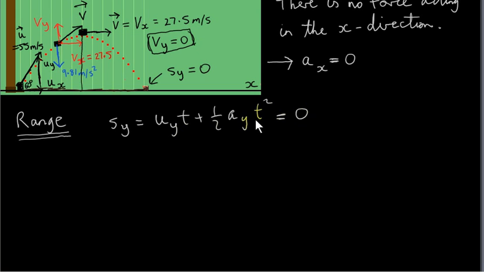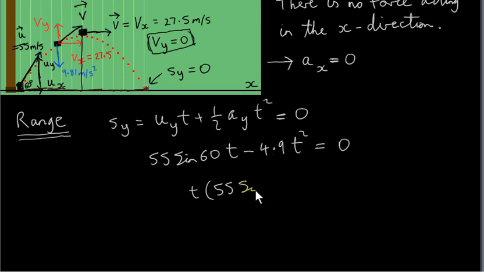And then we can solve for the time. Uy, we know, is 55 sine 60. A half of minus 9.81 is minus 4.9. Now we solve this for time. We can factorize t out of this expression. So this is a quadratic equation.